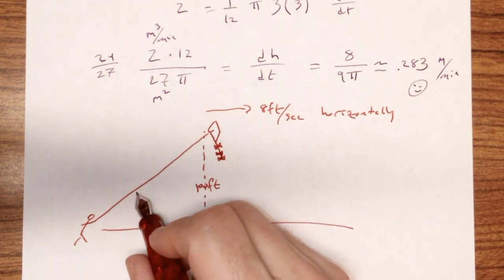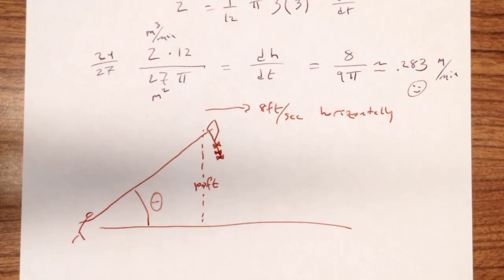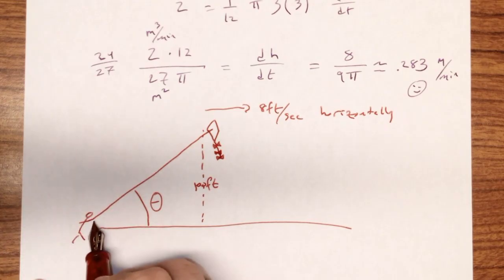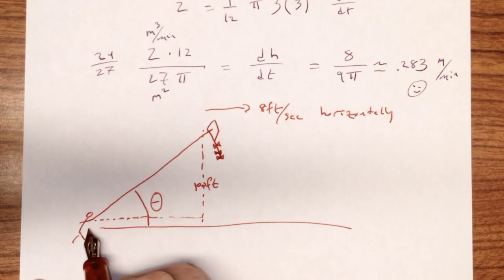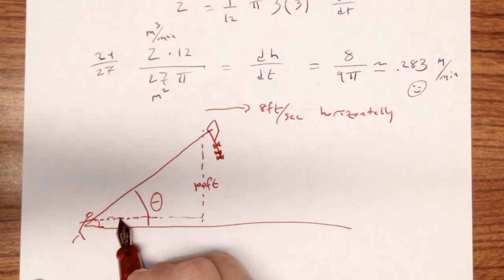And the angle here is what I want to know about. How fast is the angle between the string and the horizontal? I might as well just put that at the person's height, but then I would have to say that the stop is here. To hell with it. There's my angle. Ignore this garbage.